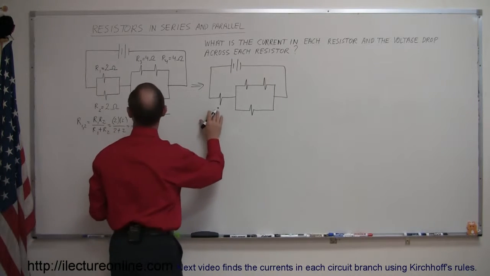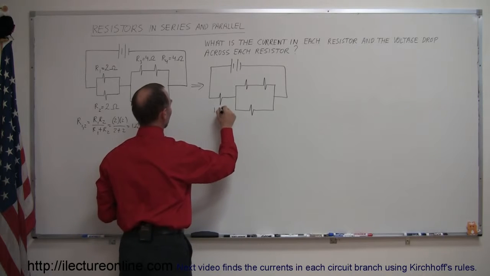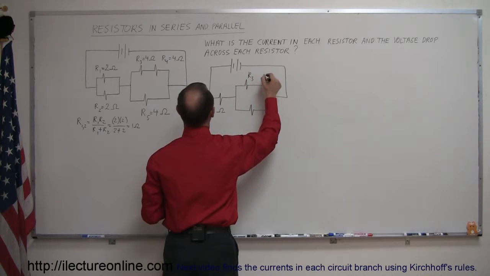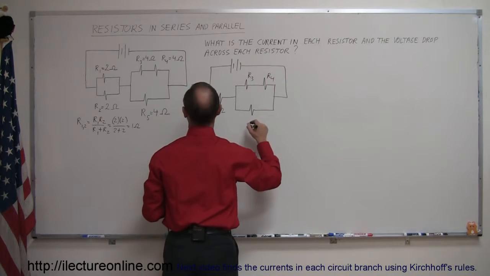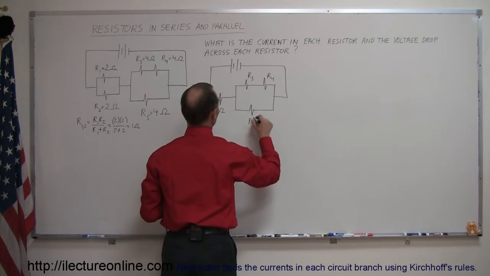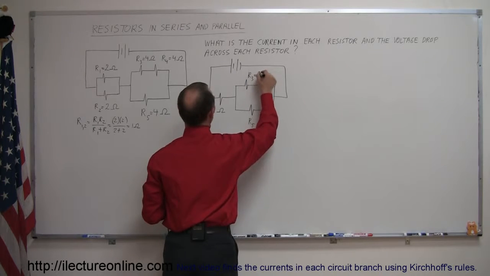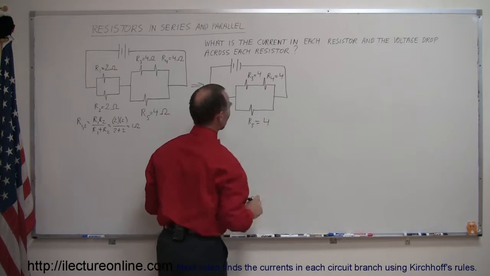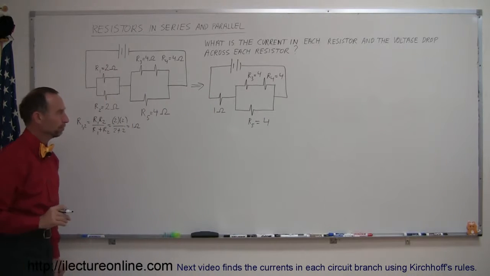So this is a 1 ohm resistor right there. And here is still R3, R4, and R5. And this is a 4 ohm resistor, this is a 4 ohm resistor, and this is a 4 ohm resistor. So it looks a little cleaner that way because I'm running out of room.